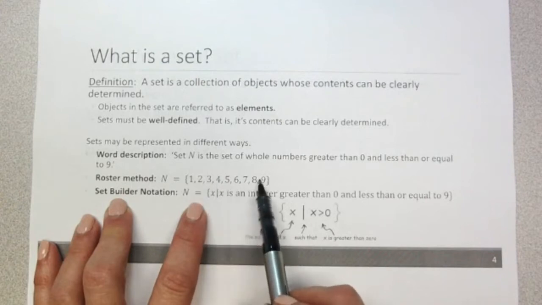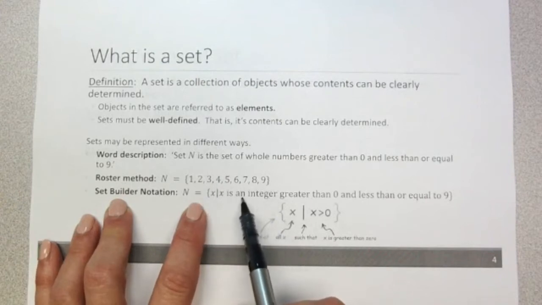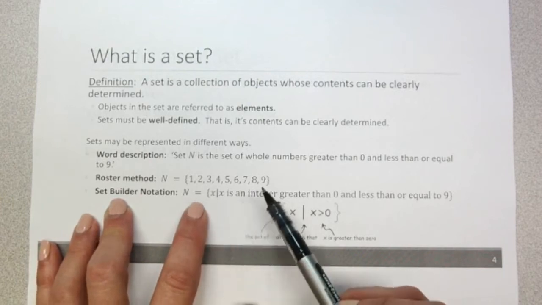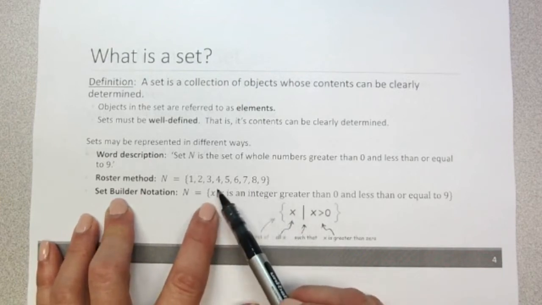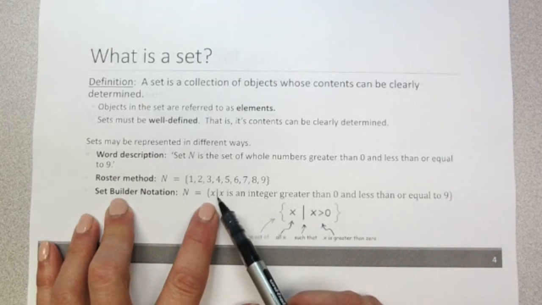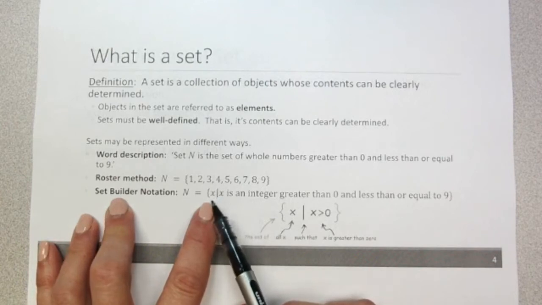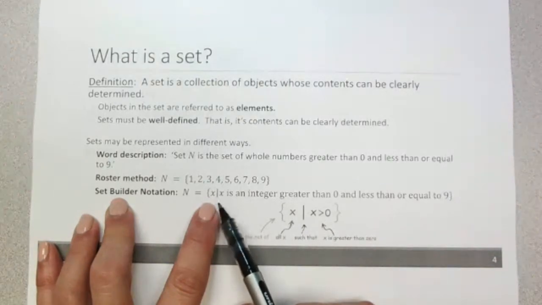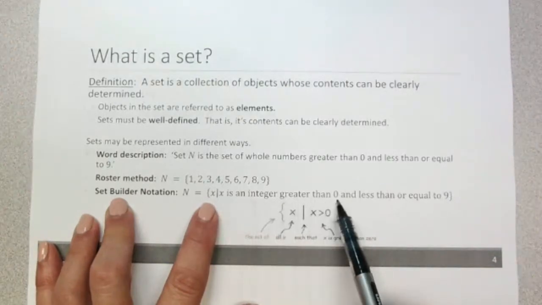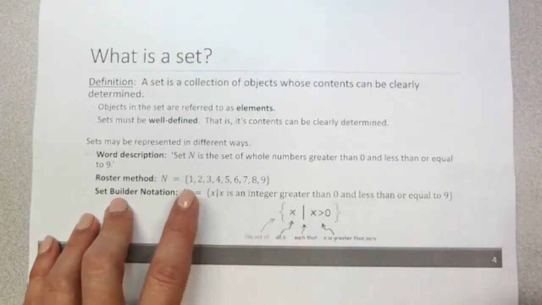So this same set, these whole numbers greater than 0 and less than or equal to 9, could be written in set builder notation as the set of all x such that x is an integer greater than 0 and less than or equal to 9. The vertical line reads "such that," and x is the variable that we've chosen to represent the element.